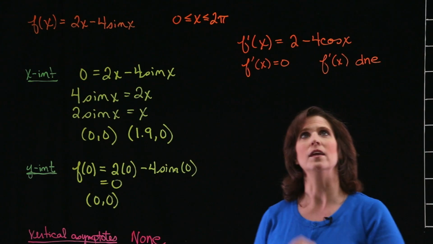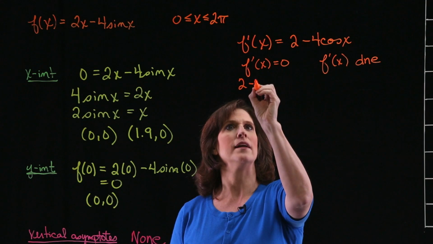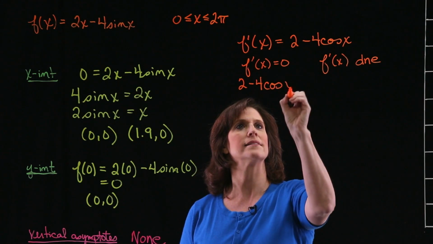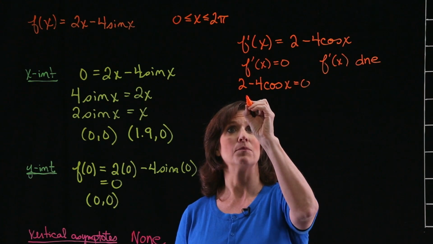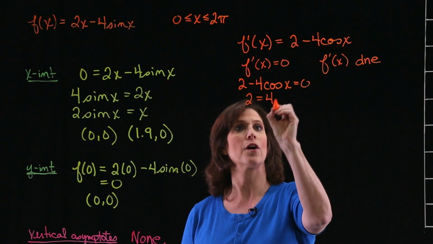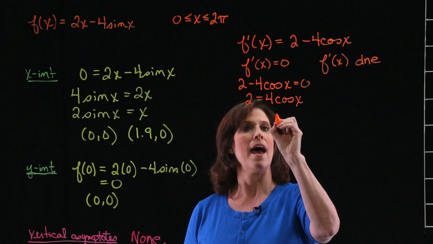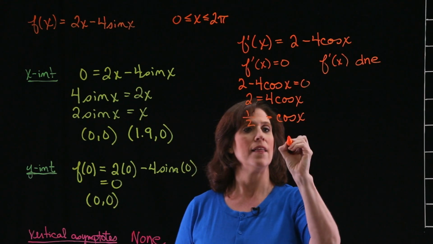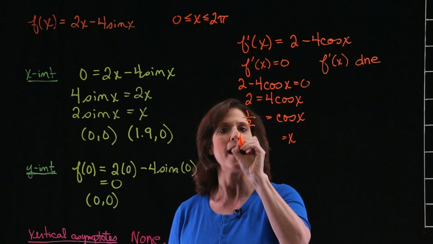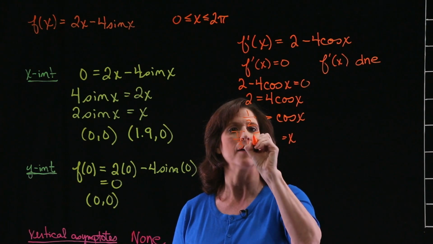Well, when does that derivative equal 0? 2 minus 4 cosine x equals 0. If you add 4 cosine x to both sides, you get 2 equals 4 cosine x, and cosine x equals 1/2. That's going to happen at pi over 3 and 5 pi over 3.